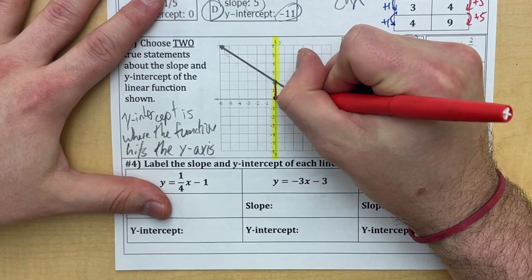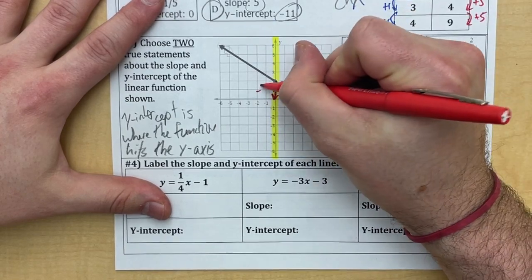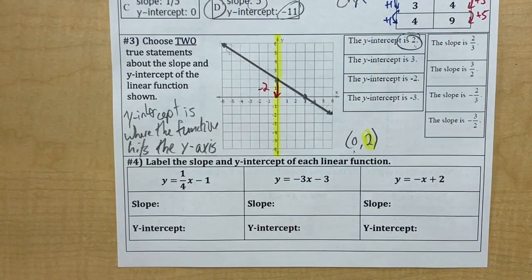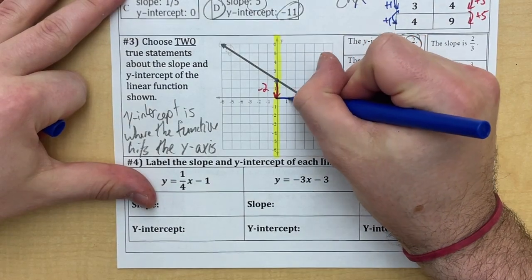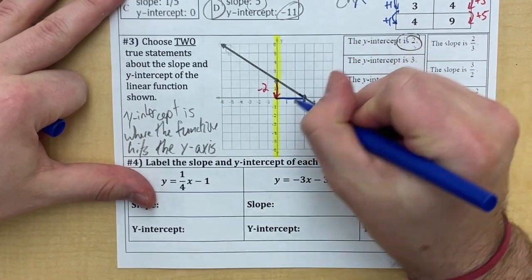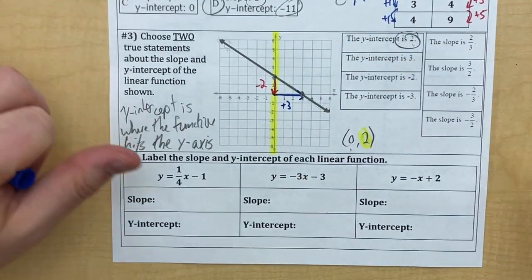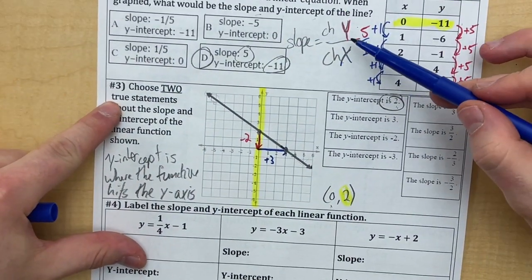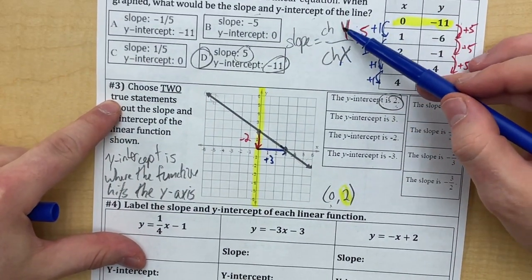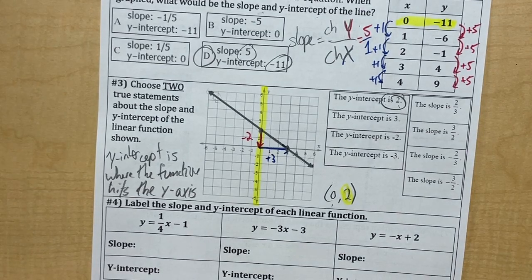So I'm going to go down 2 steps, so I have -2, and then I can go to the right 3, because I'm trying to get to that next point. So I have +3. Again, remember from here, we're saying our slope is always the change in y over the change in x. And so we can write it like this.